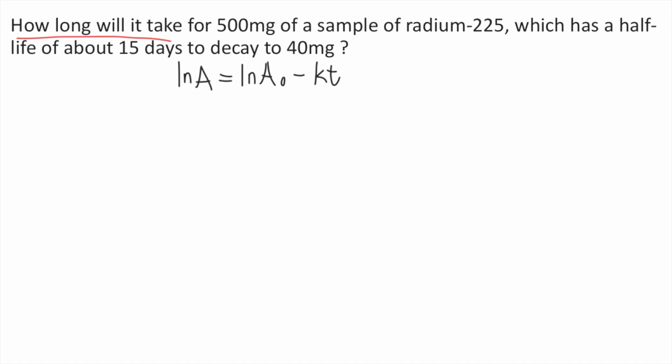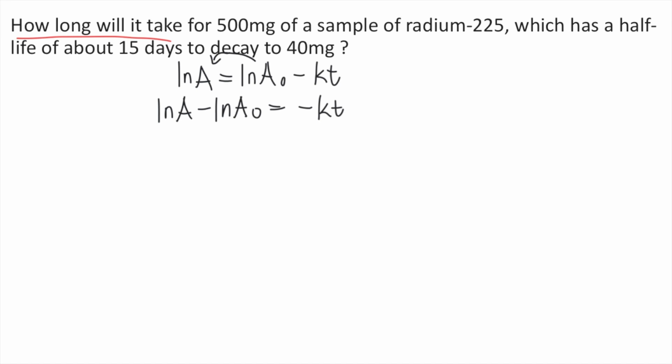So what you can do here is you can transfer ln A sub 0 to the left side. And of course, if you transfer a variable to the left side, it will take the opposite sign. So now it becomes ln of A minus ln of A naught or A sub 0. On the right side, you're left with negative KT.